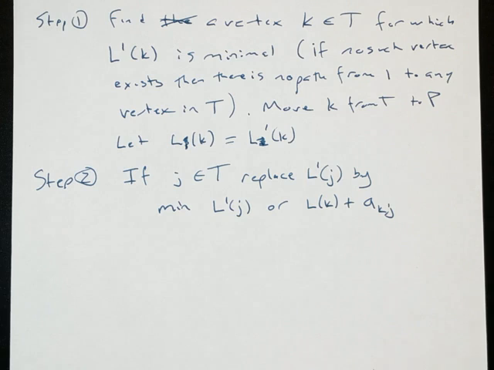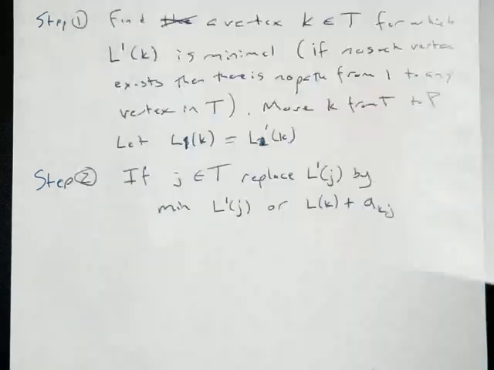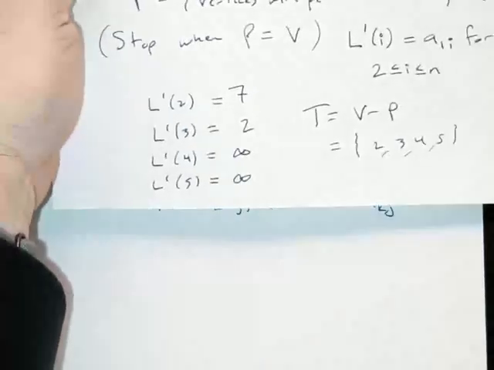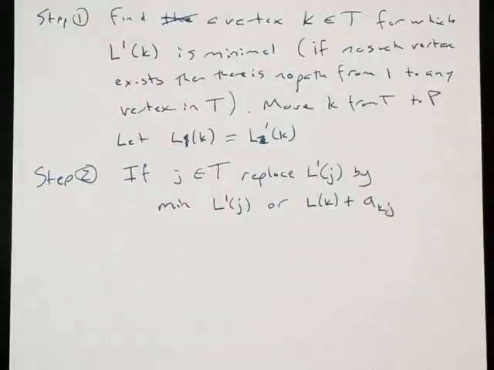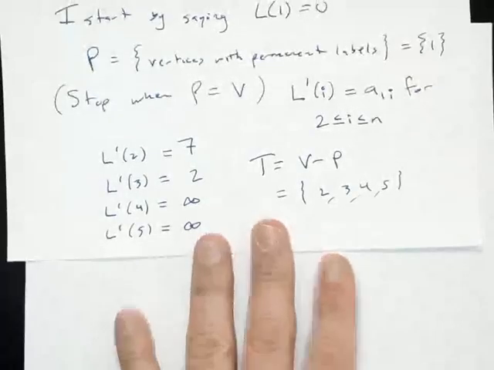All right, wait a minute. I want to do this for this graph with this matrix and this starting point. So we've done step 0. We've set up our starting points.